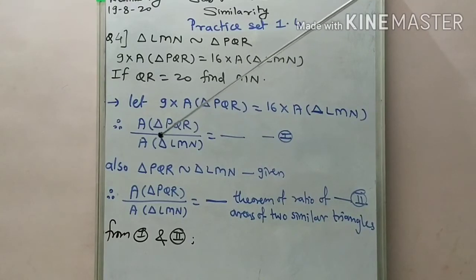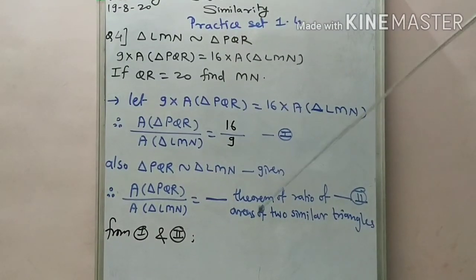So as we take the right hand side part, area of triangle LMN, to the left, we get that the ratio of areas of the two triangles is equal to, you have to take the right side, 16 upon 9.